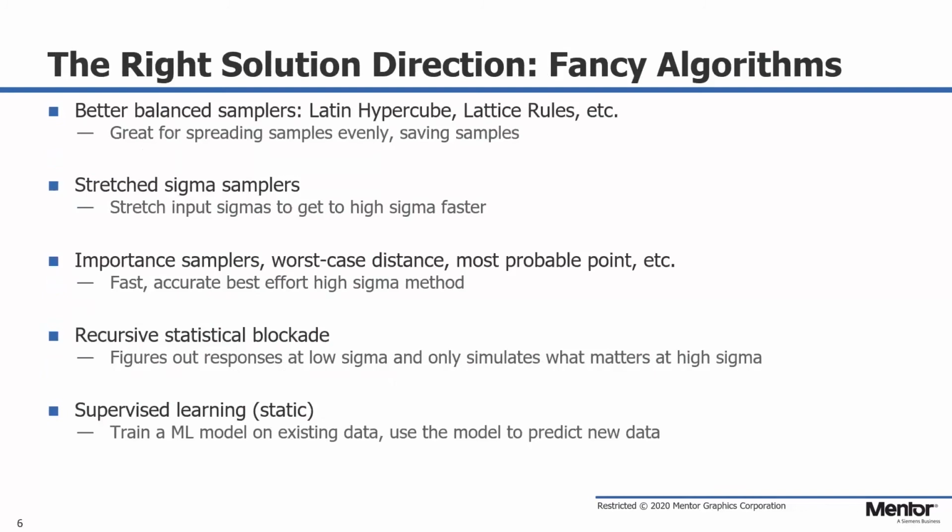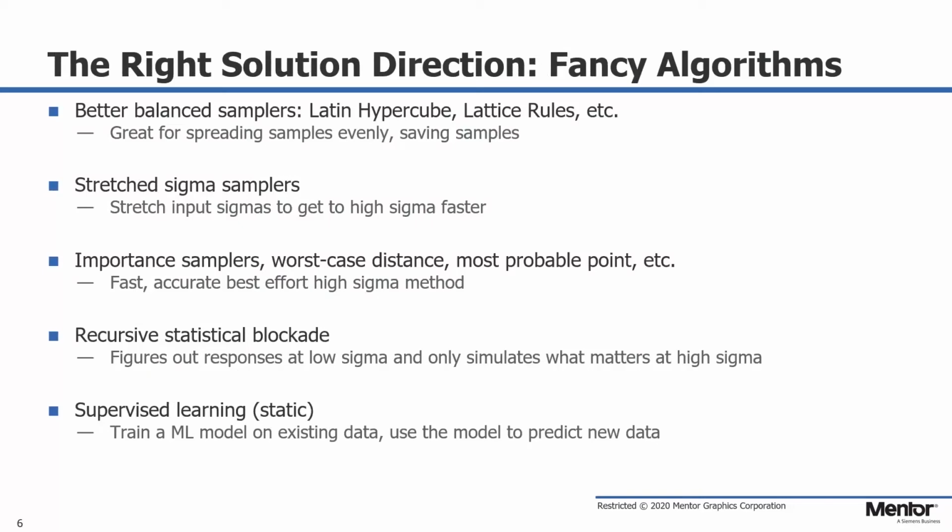The right solution direction is actually more of an algorithmic approach, where there are a bunch of algorithms on the shelf that can help toward this problem. This is stuff that we started building out at Solido in 2005, 2006, 2007. We started looking into algorithms like this as ways to improve coverage, and we looked at things like better balanced samplers, like Latin hypercube and lattice rules.